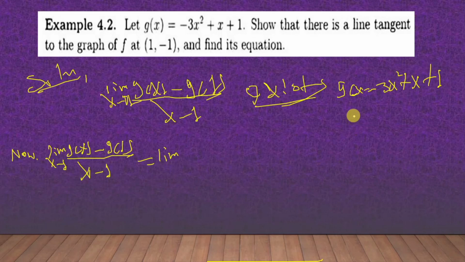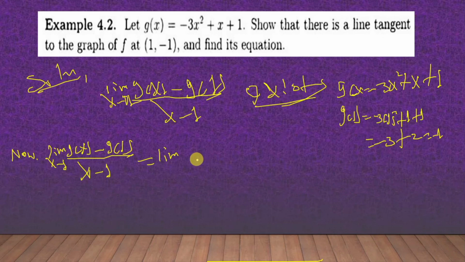Now the value of g of 1, we put directly 1 for x. That means minus 3 times 1 squared plus 1 plus 1. We get minus 3 plus 2, which is minus 1.